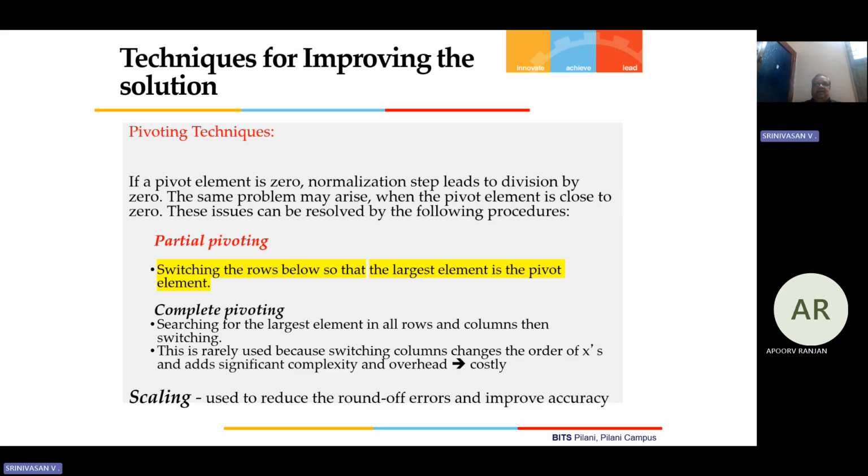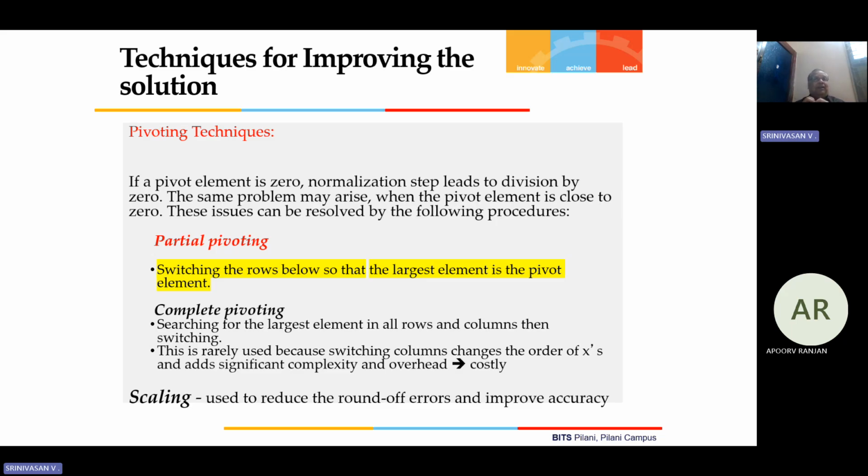Either the pivot is 0 itself or close to 0 anyway. In a practical problem, it will be given as 0.000 something. Close to 0 here means not in the limiting sense, it is 0.00000 some 1, which means close to 0. So whether it is exactly 0 or close to 0, you cannot divide by 0.